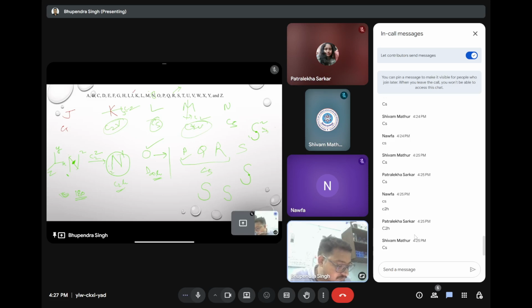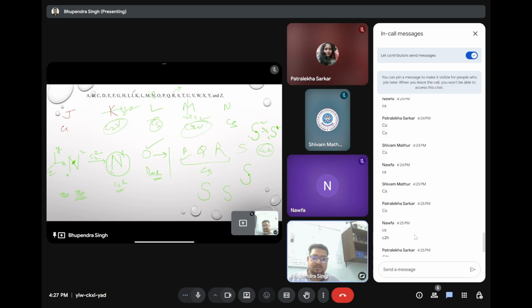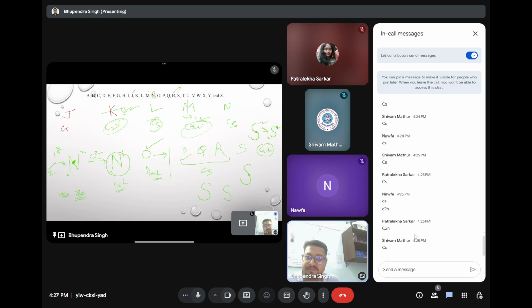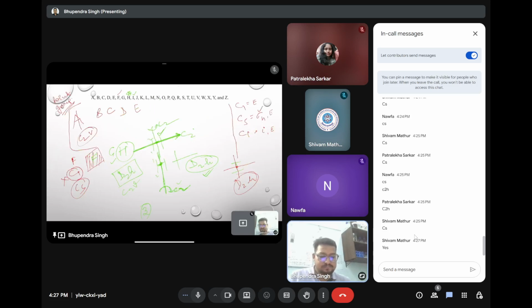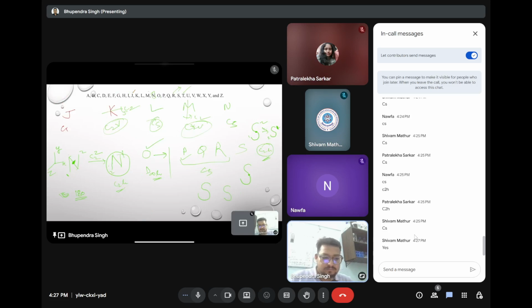After C2, 2 will be here, 1 will be here, like this. And sigma H is always there. So if you consider this, then it is C2H. Shivam, it should be clear to you, I believe. Okay, nice. Now what is T? Find the point group of T.